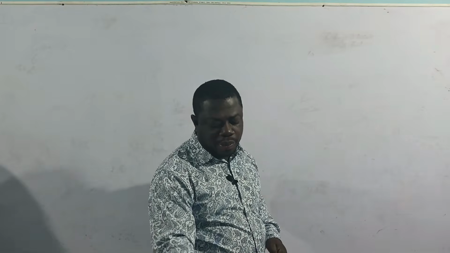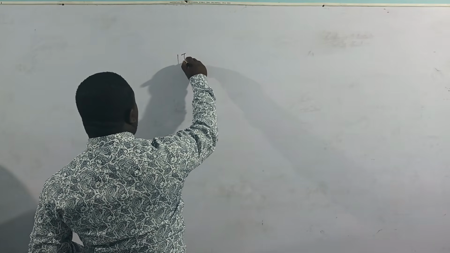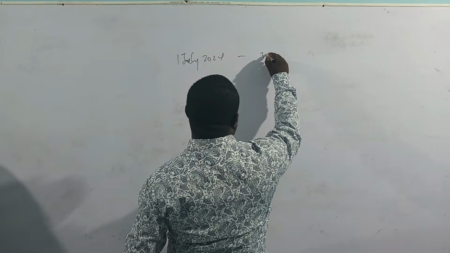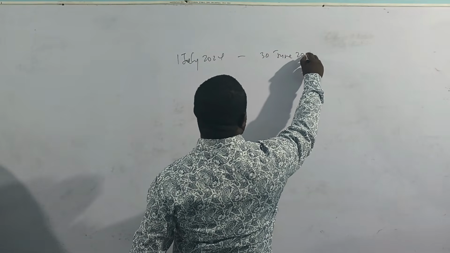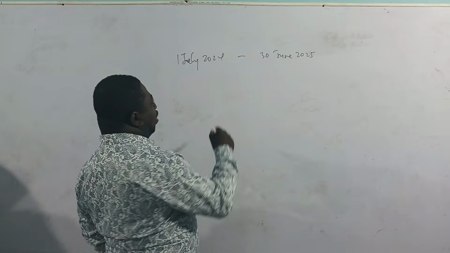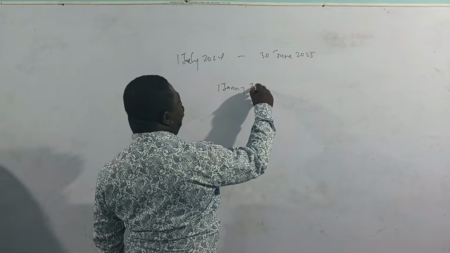From the opening balance of the changes in equity and the information we have, we can see that for these companies the accounting year begins on 1st July 2024 and ends on 30th June 2025.